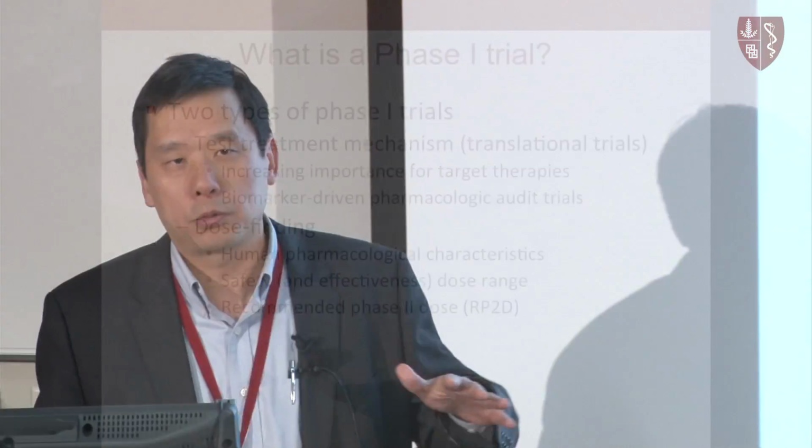So you put the drug in, usually with a smaller sample size, and the target is at the biological level. This is also related to what are increasingly called biomarker-driven pharmacologic audit trials. There is a review paper I will mention later, and I think Dr. Kuma will mention that tomorrow too, that in oncology the new drug will be necessary to do that phase.